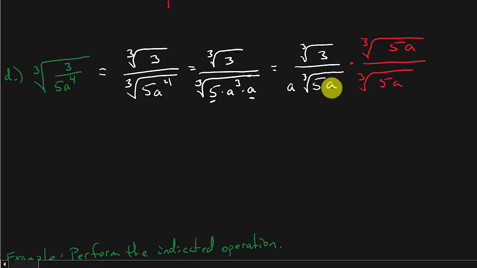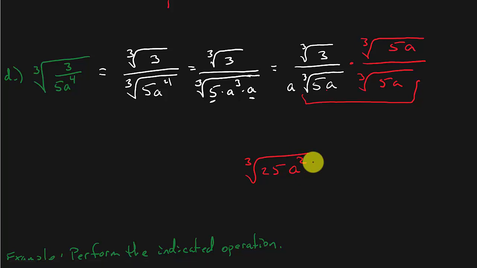So if I multiply these two, let's just look at these two terms right here. That is going to give me the cube root of what? 5 times 5 is 25. A times a is a squared. That's not a perfect cube, is it? You see that? What's the cube root of 25?